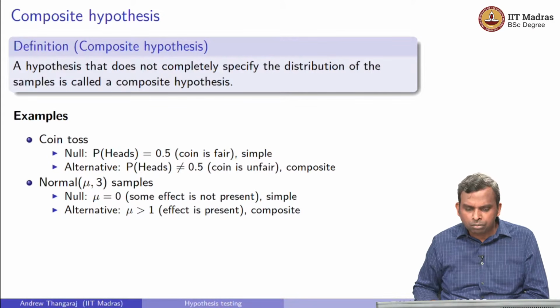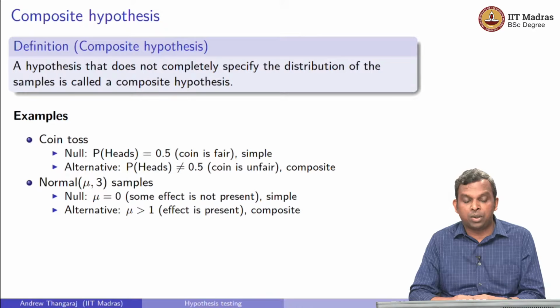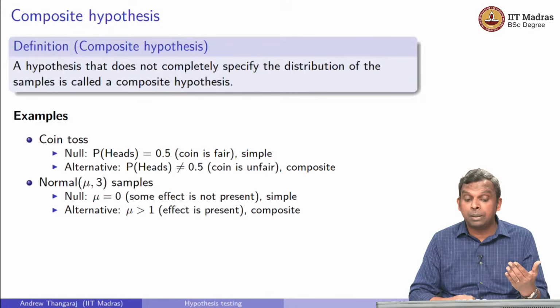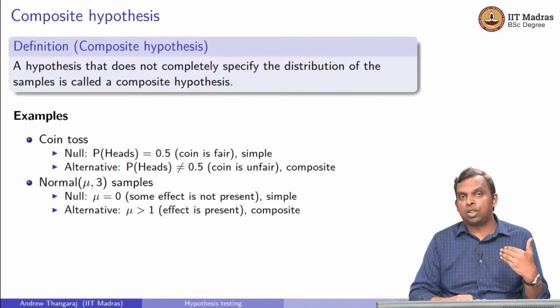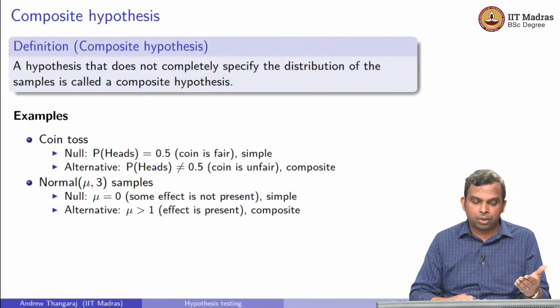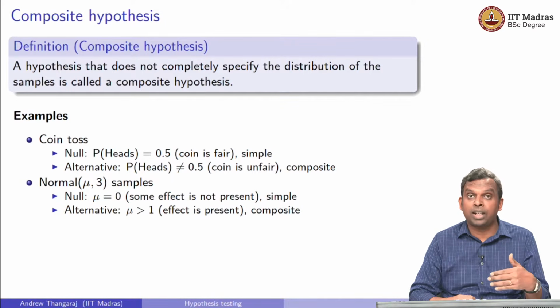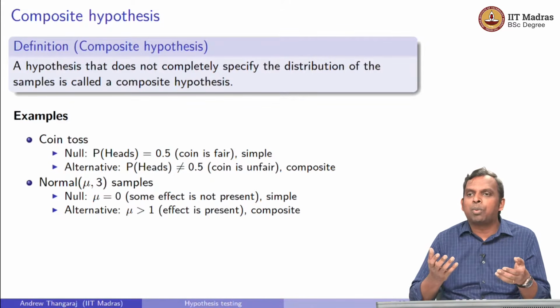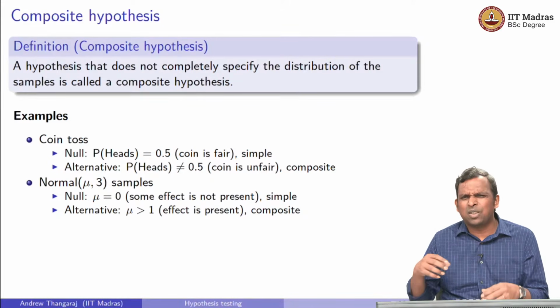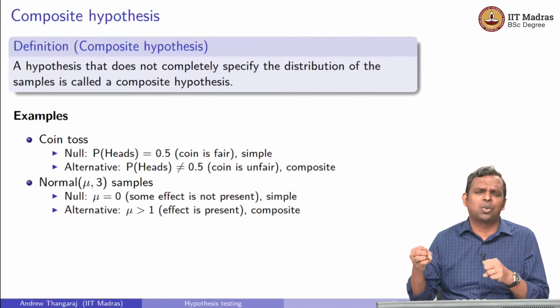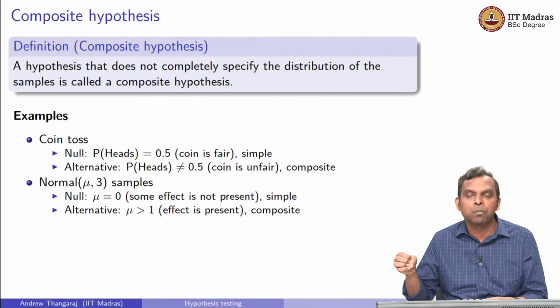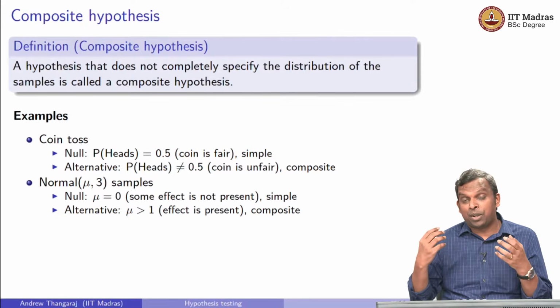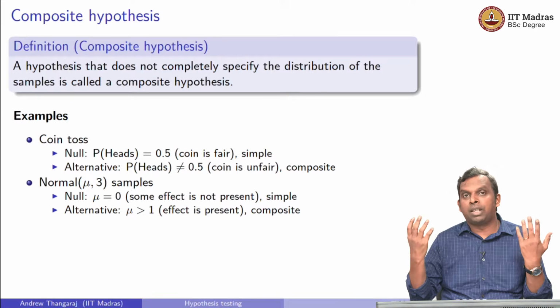You may have situations where the null hypothesis is simple, but the alternative hypothesis is not simple. You may want to test whether a coin is fair or unfair. This is very typical, isn't it? Why would I know 0.5 or 0.6 precisely? Sounds a little bit fishy. It's not so clear that it's 0.6 exactly. So maybe you want to say the probability of heads being 0.5 is the null hypothesis, but my alternative hypothesis is that the probability is not 0.5.